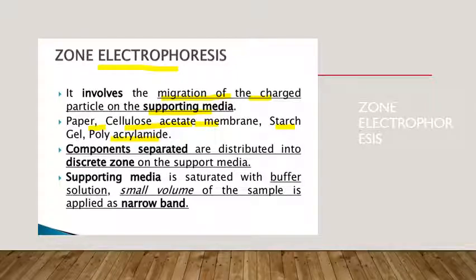So these all are the supporting media used in this type of electrophoresis. The components separated are distributed into discrete zones on the supporting media. The supporting media is saturated with the buffer solution. A small volume of the sample is applied as a narrow band. So we have various bands over this supporting media by which we can easily identify the ionic molecules present in the sample.